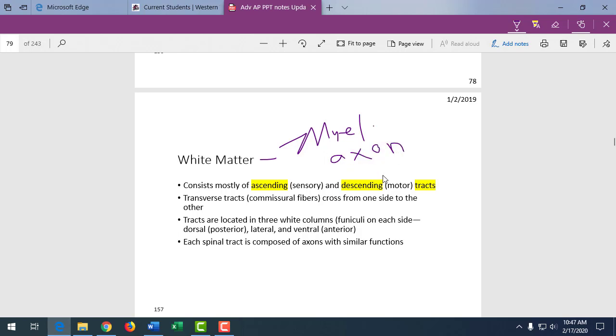And if they're in the central nervous system, we call them tracts. And myelinated axons outside the central nervous system, we call a nerve. That's in the peripheral nervous system, or PNS. So myelinated axons: tract or nerve, depending where it's located.